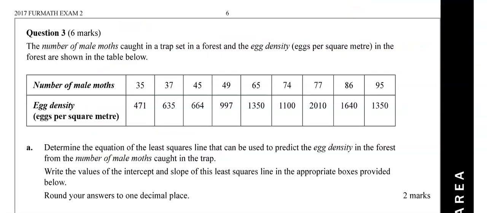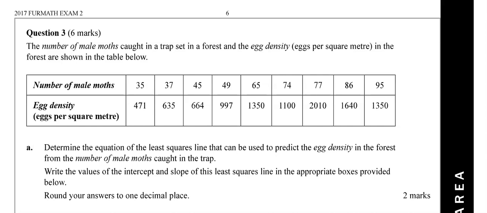Moving on to our next question. So this one is from the 2017 Further Maths Exam 2, question 3. The number of male moths caught in a trap set in a forest and the egg density, or the eggs per square metre, in the forest are shown in the table below.